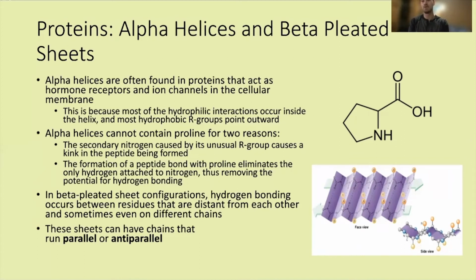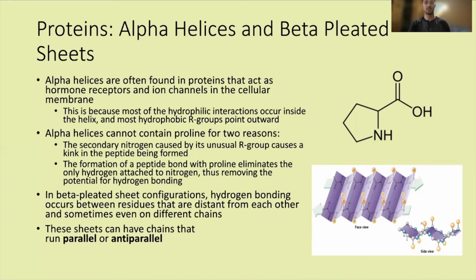Alpha helices, however, because of that coiled structure, can orient things inward and outward toward the environment. In an aqueous environment, we want the hydrophobic R groups to be inside and the hydrophilic groups to be outside. That's the lowest energy conformation, and that's how these alpha helix motifs can stay inside the cellular membrane.